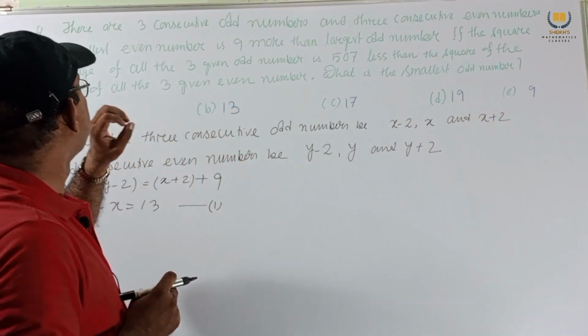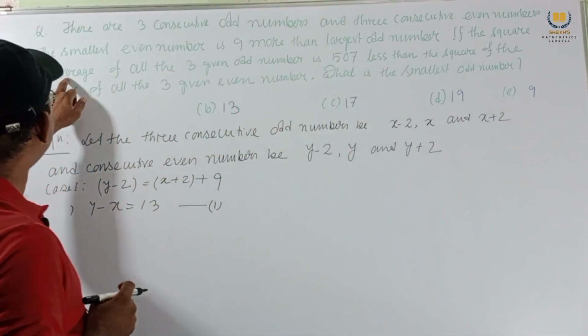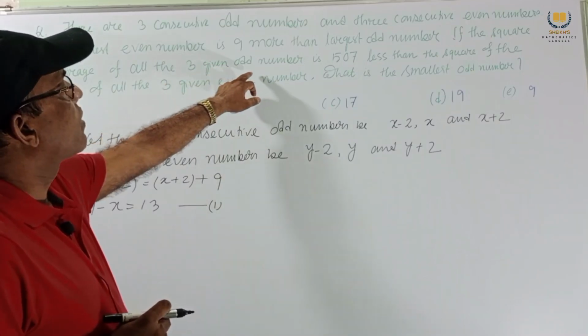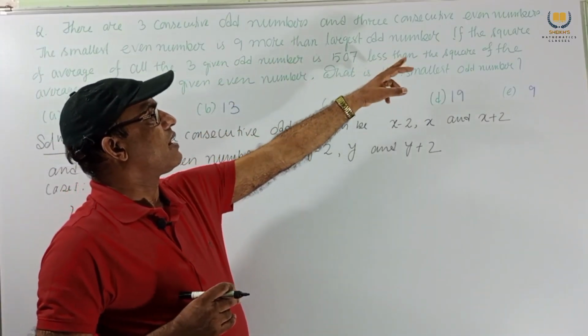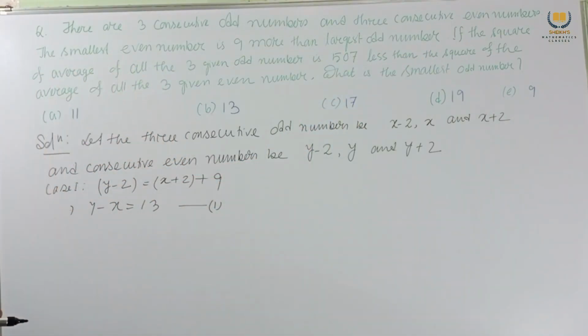Next, it is given that the square of the average of all three given odd numbers is 507 less than the square of the average of all three even numbers.